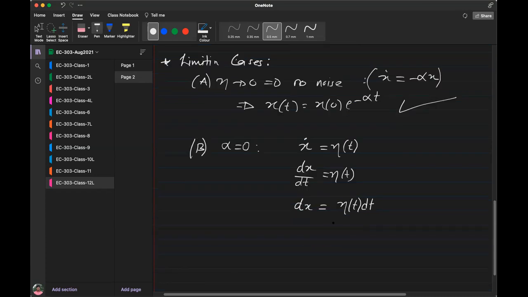Does that make any sense? This is the change in value of x, and this is the rate of change, which is a stochastic term, times dt. The increment can be positive or negative.